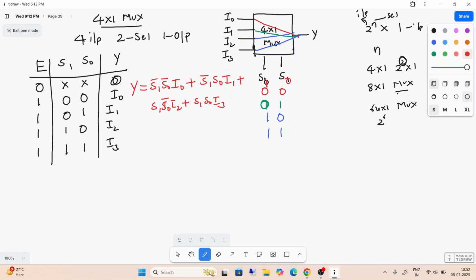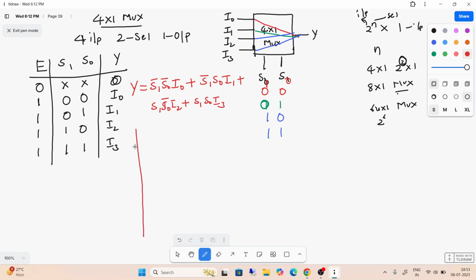Yes, you draw the logic diagram. The enable pin is also there, but that is optional. Here I am drawing it with respect to the enable pin also.